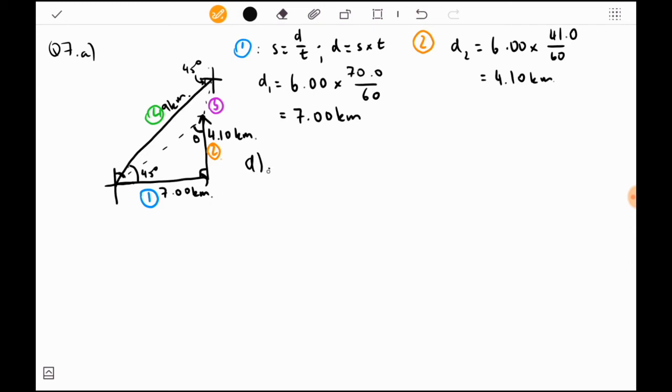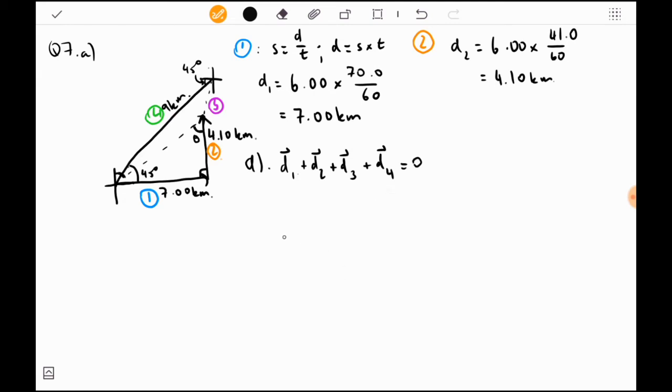So I know that D1 plus D2 plus D3 plus D4 equals 0. They're all vectors, so the vector sum of these 4 distances is going to be 0.